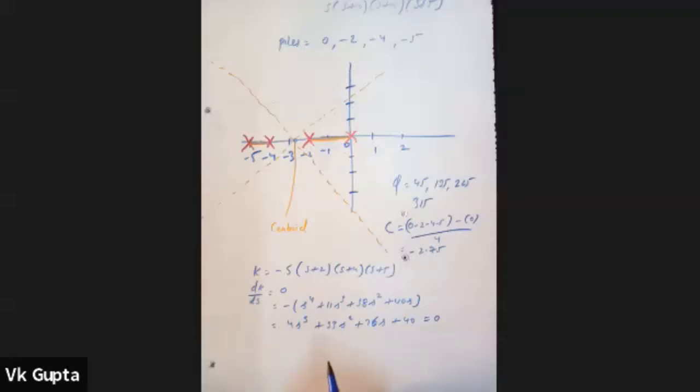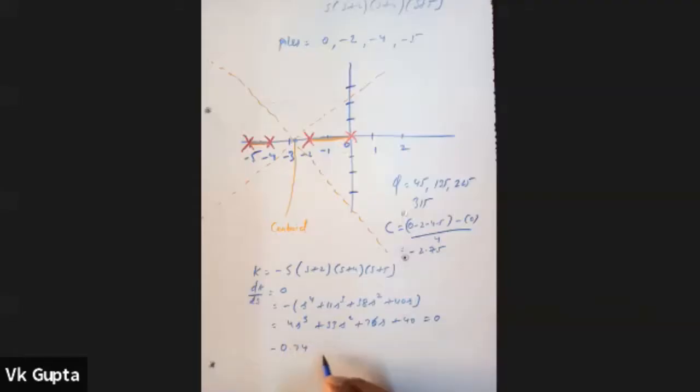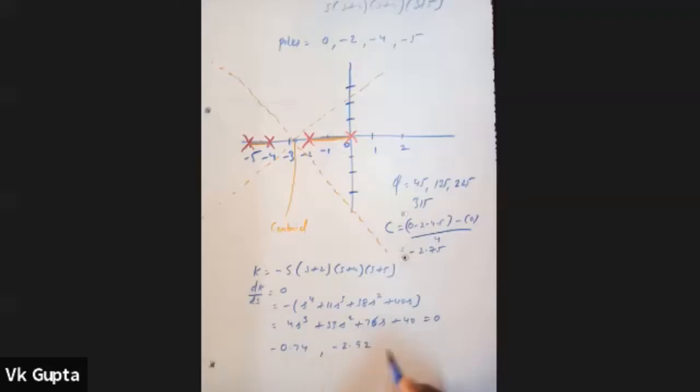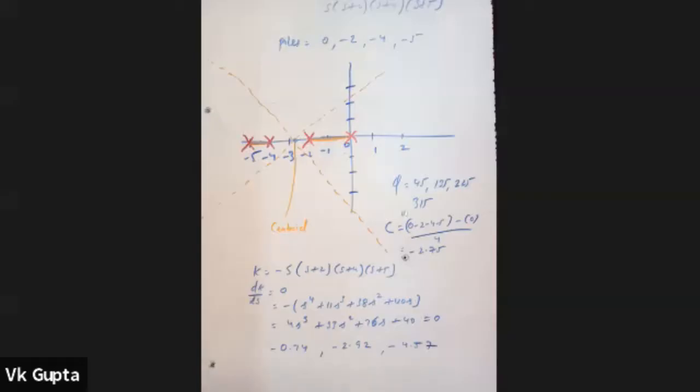So what are the roots? Minus 0.74, minus 2.92, and minus 4.57. Now let us check which points lie on my root locus.